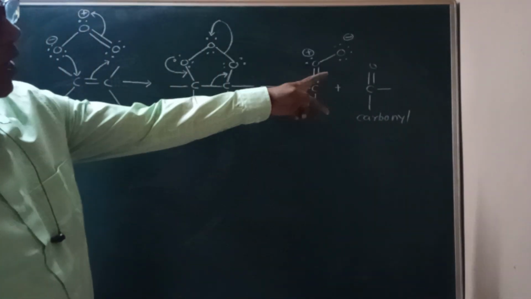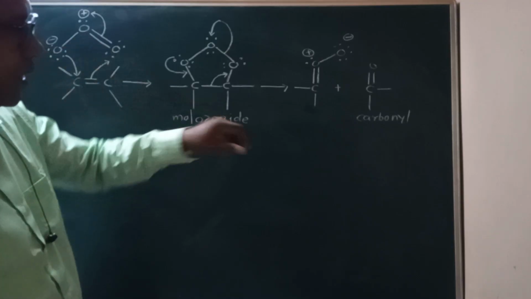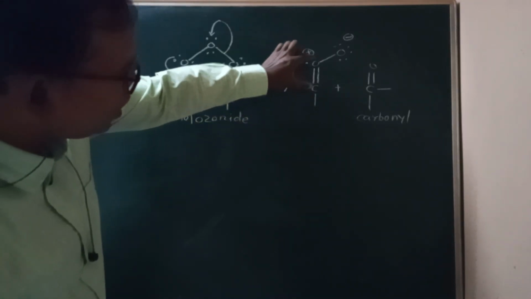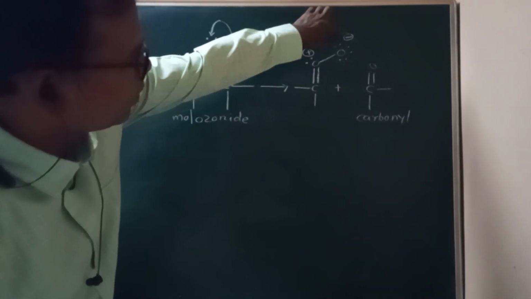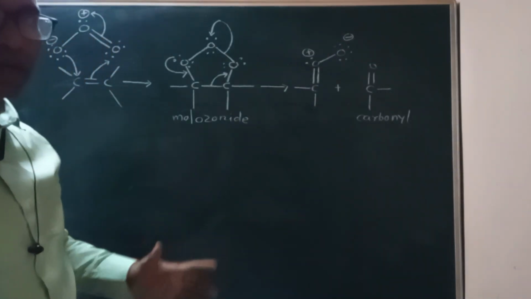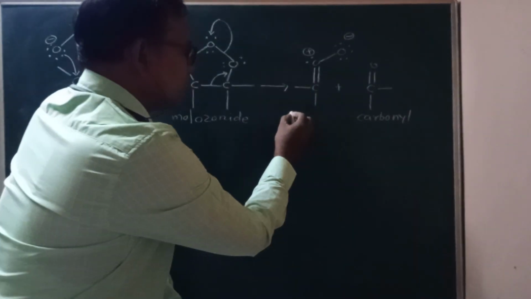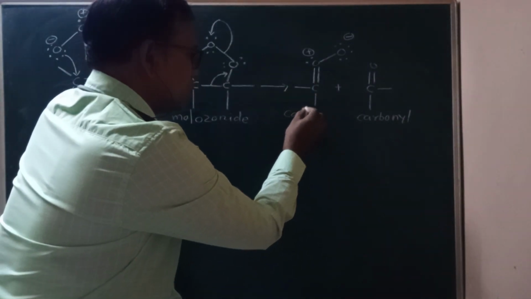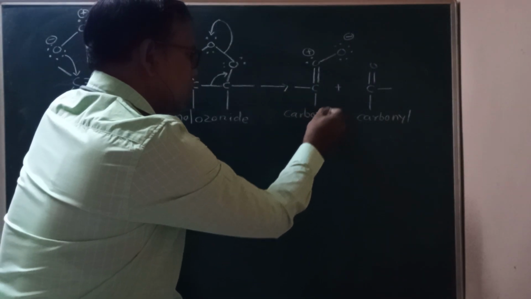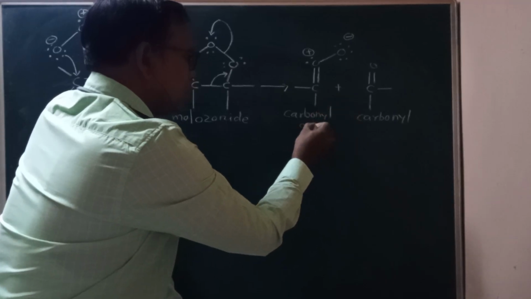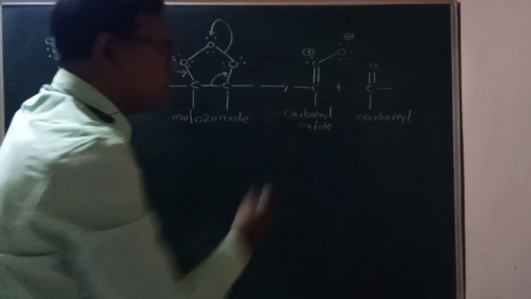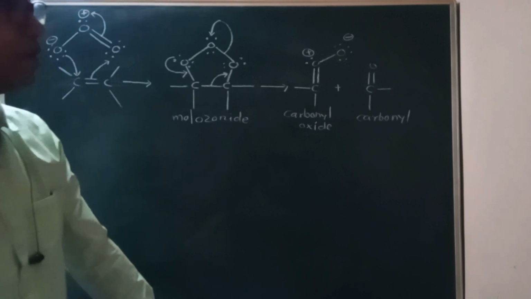So one fragment is a carbonyl fragment, and the other fragment is a carbonyl along with this oxygen, and O is having a negative charge, and a negative charge oxygen is generally there as an oxide ion. So we can call this fragment a carbonyl oxide. So these two are the fragments of molozonide, right?